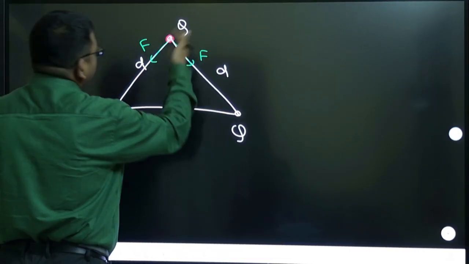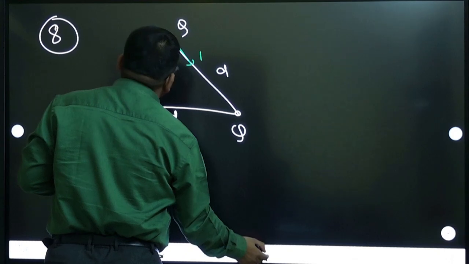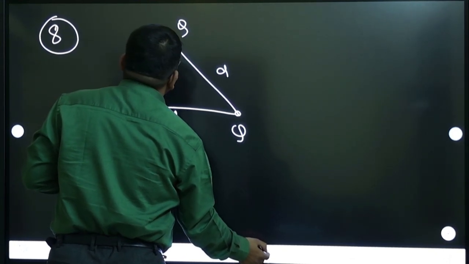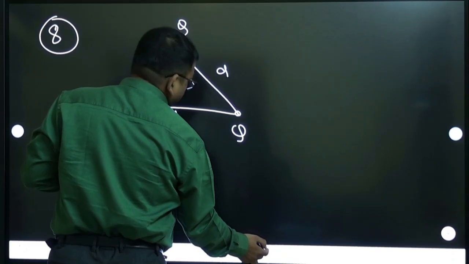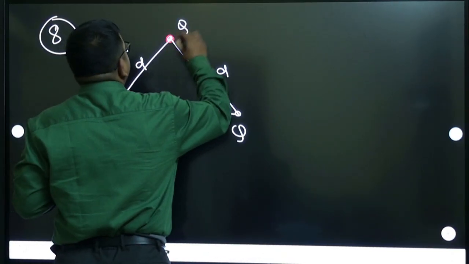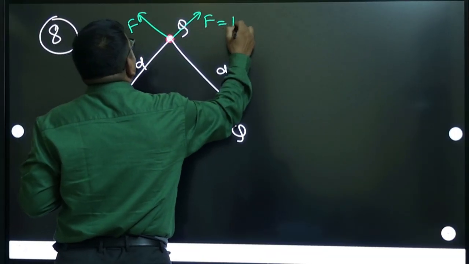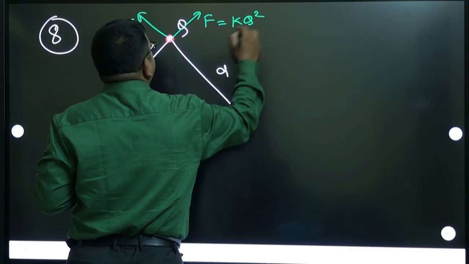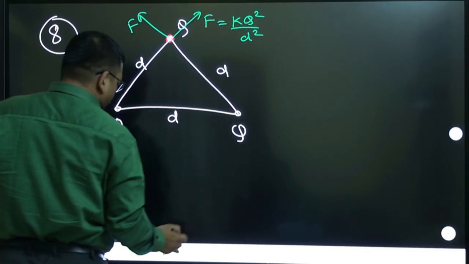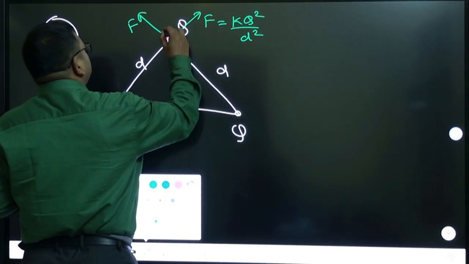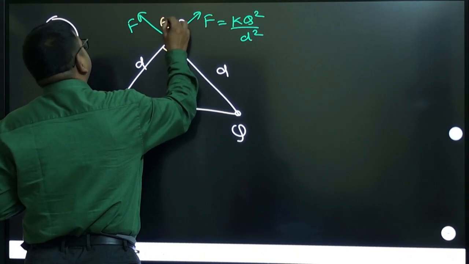I think they are similar charges, so they will repel. Direction will be opposite. Draw the direction properly. This force will be like this, and this force will be like this. Both forces have the same magnitude, kq square by d square. In an equilateral triangle, this angle is 60 degrees.